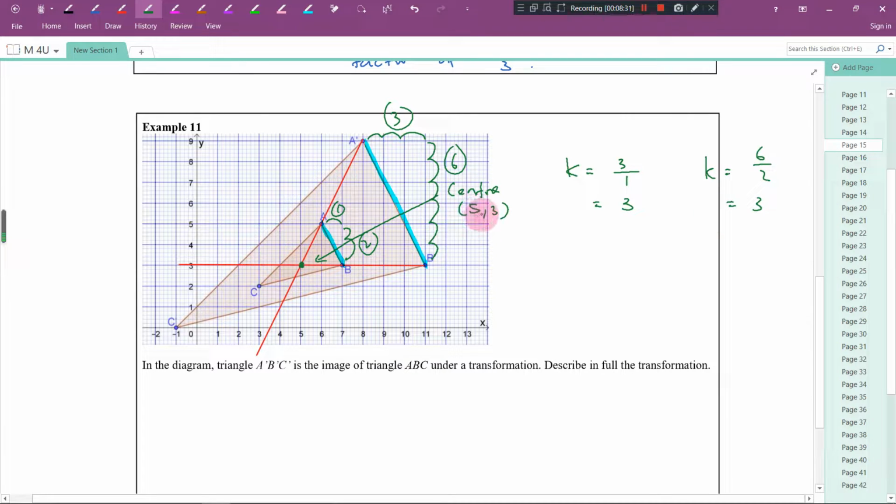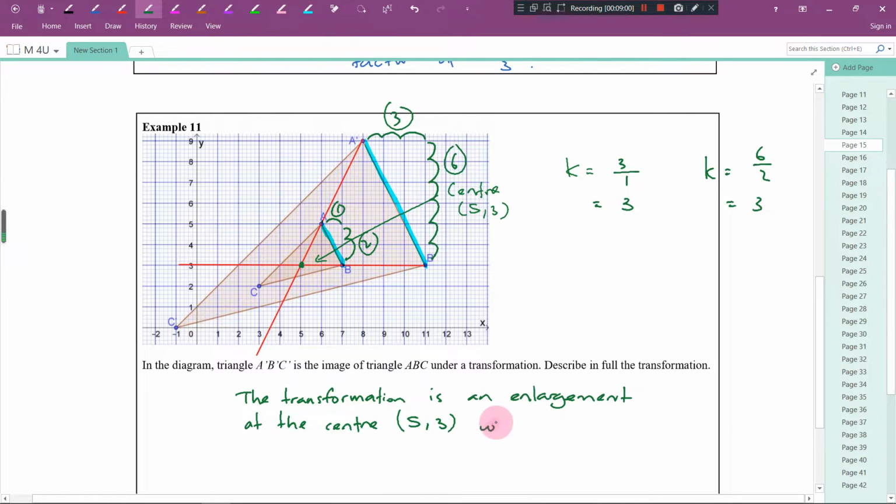Now we have found the center of enlargement, which is here, 5, 3, and the scale factors. Then we can start to describe it. The transformation is an enlargement at the center 5, 3 with a scale factors of 3.